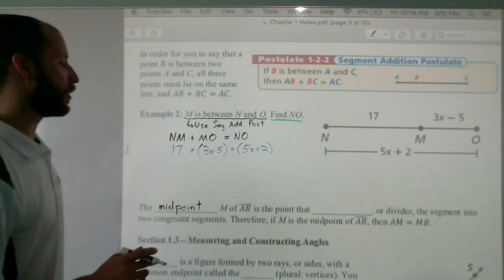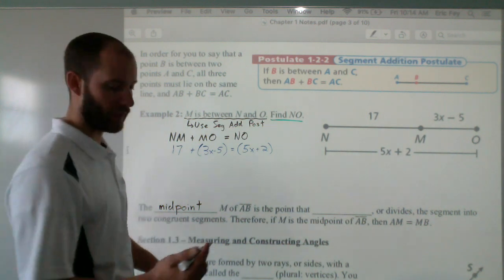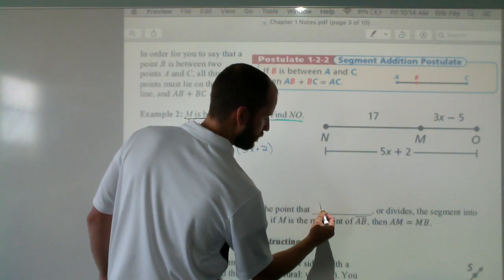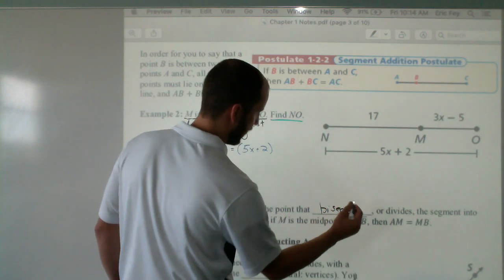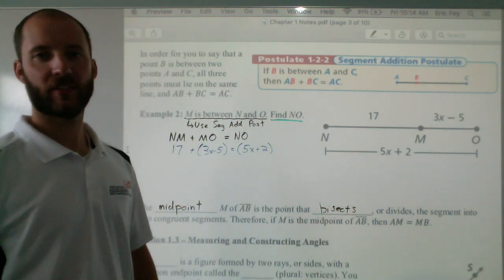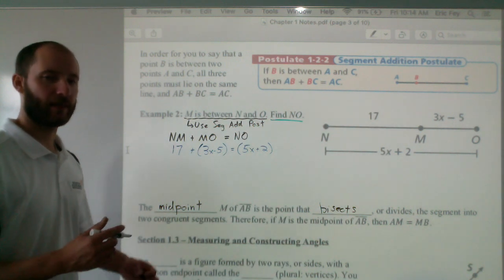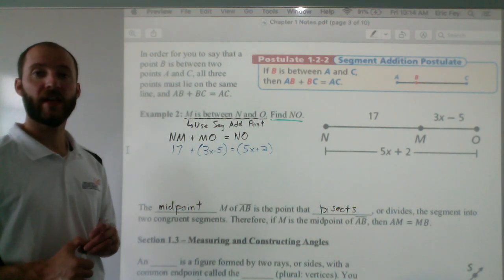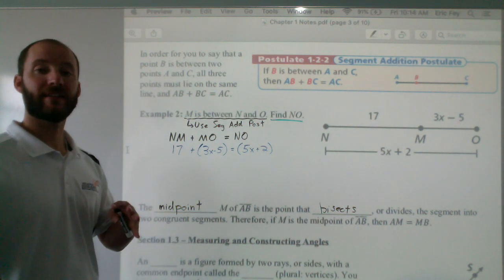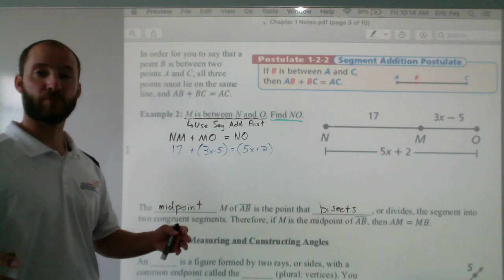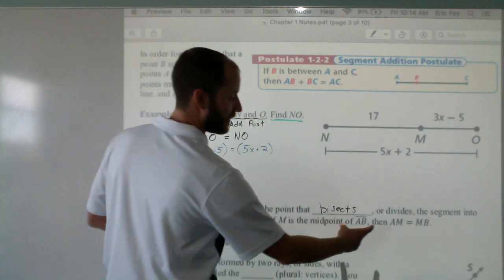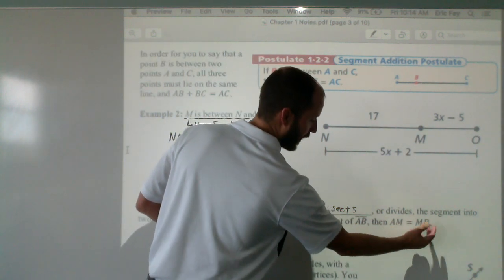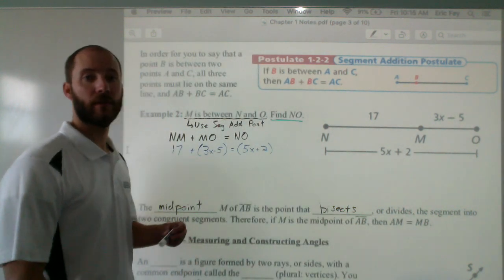All right, the midpoint is on a line segment, and it, kind of a new word here, bisects. It bisects, or divides, the segment into two congruent pieces. Now, congruent means identical. Line segments have this property of distance. So if they have an identical distance, that means that the two halves, their measures, are equal to each other.